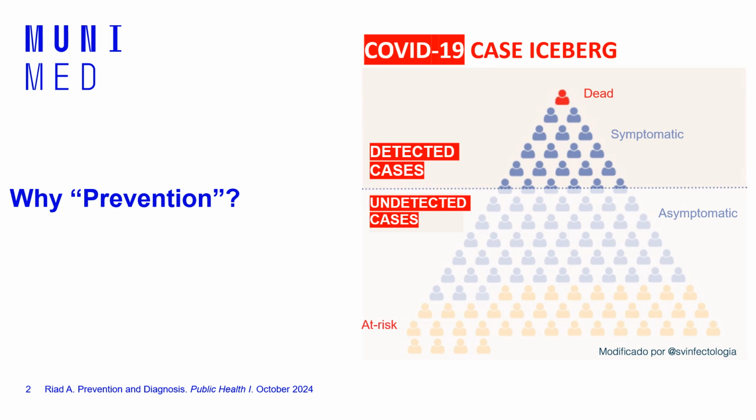So this graph, or this large pyramid that you can imagine, is the real burden of this disease. And our capacity as health systems and health practitioners is very limited to see this real burden, because we can only detect this small portion of the cases.